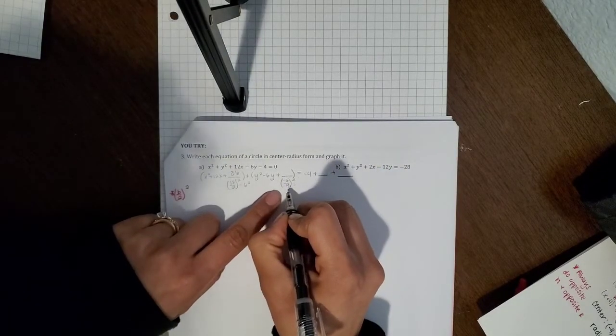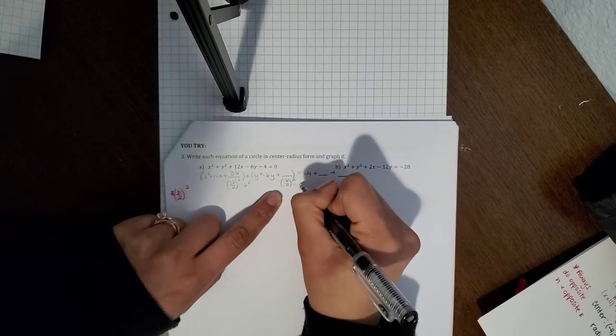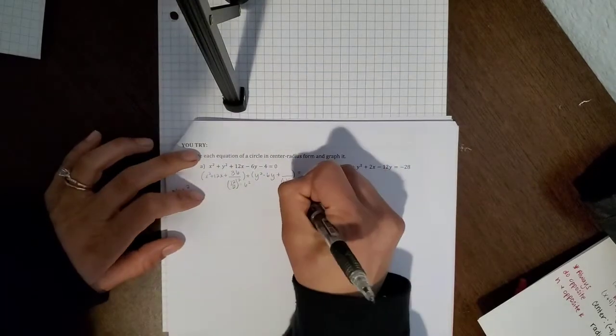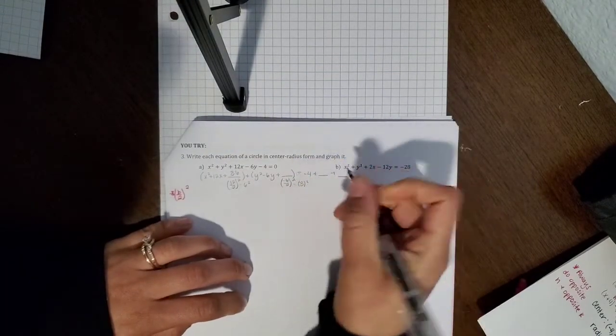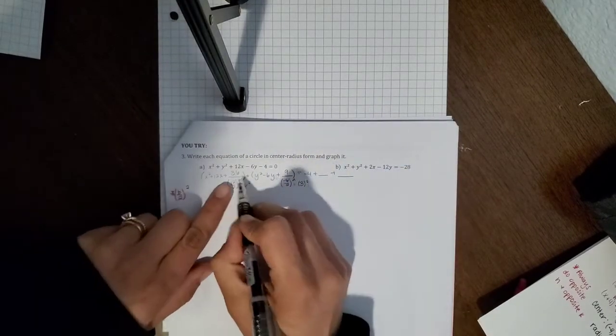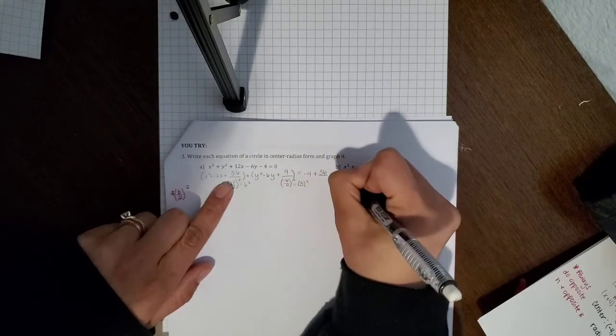And negative 6 over 2 is negative 3 squared, which is equal to positive 9. Or actually, let me show the work. So I'll do 3 squared. That's where this 9 comes from. Again, the numbers I add on this side, I'm going to add on this end. I'm going to add my 9.